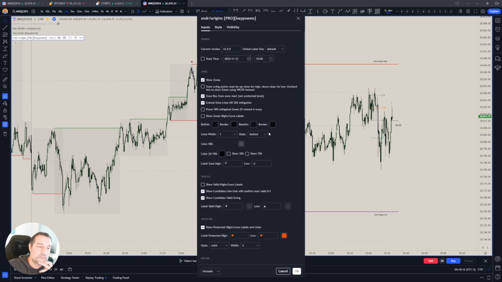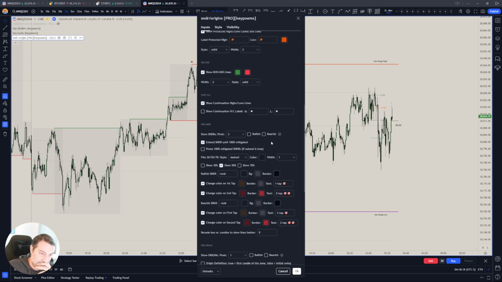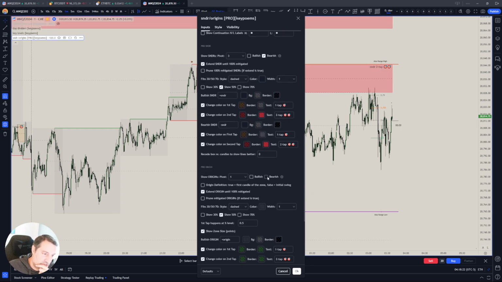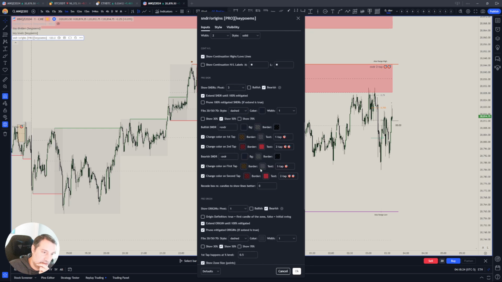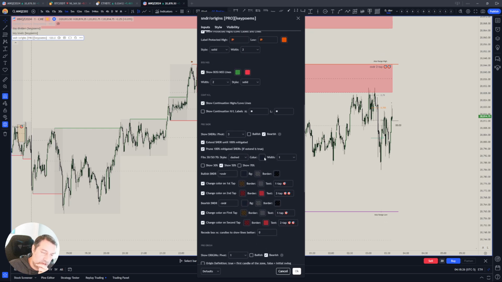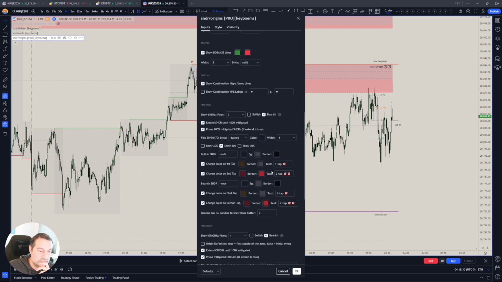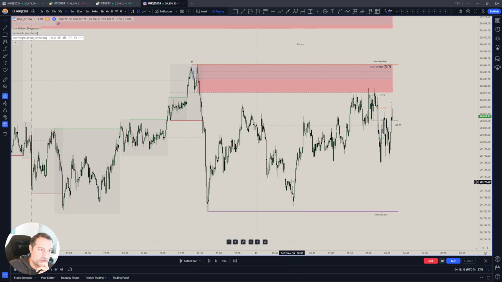So let's see bearish origins that haven't been mitigated yet, or bearish SNDRs that haven't been mitigated yet. So we prune the mitigated areas and we only show the SNDRs and the origins.